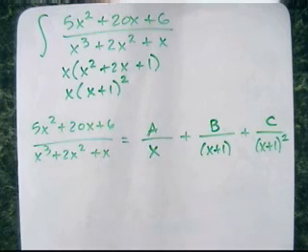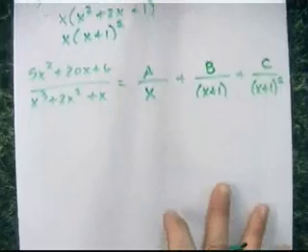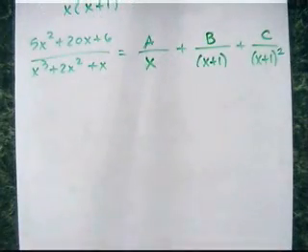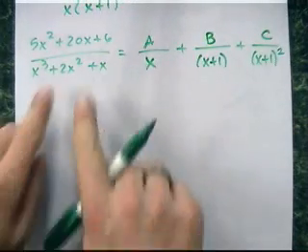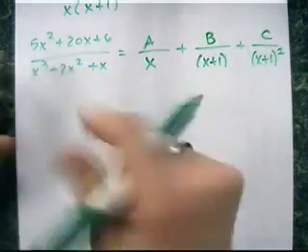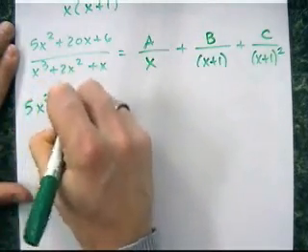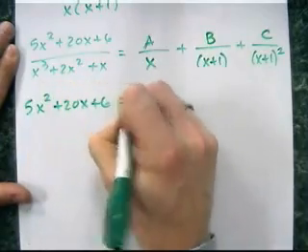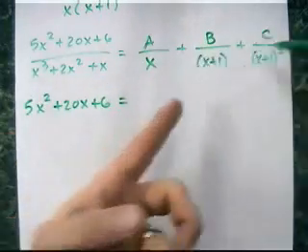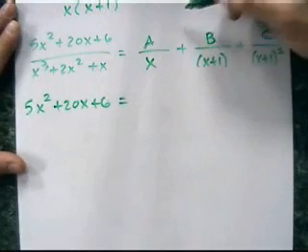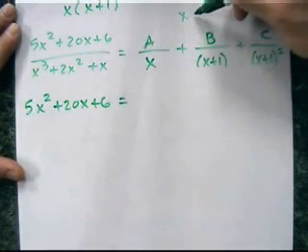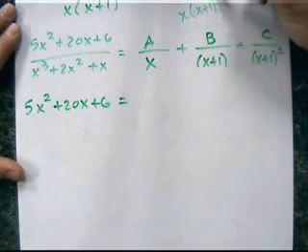So we'll just take a look at it, see if we can figure it out. First thing I would do is multiply by the common denominator, which is this guy right here. Now this is going to cancel on that side, so you're always going to be left with the numerator over here, 5x squared plus 20x plus 6. That doesn't change. This part's a little tricky. Maybe I'll leave it in its factor form. Multiply everything by an x plus 1 squared.